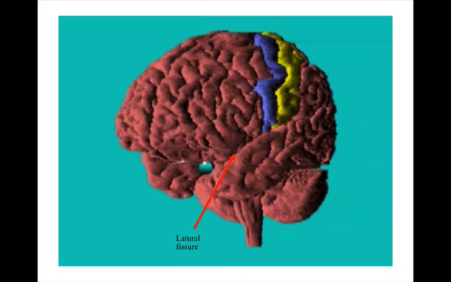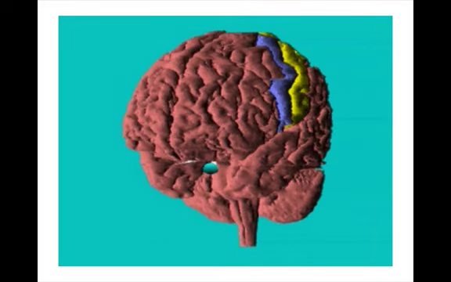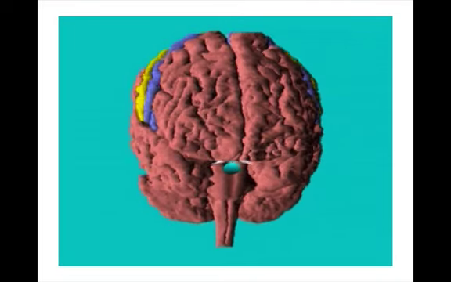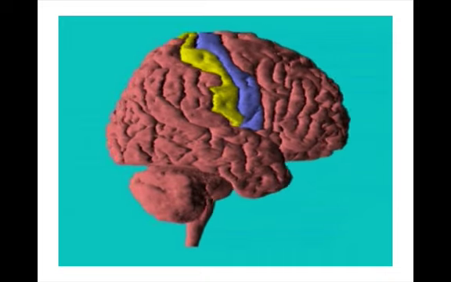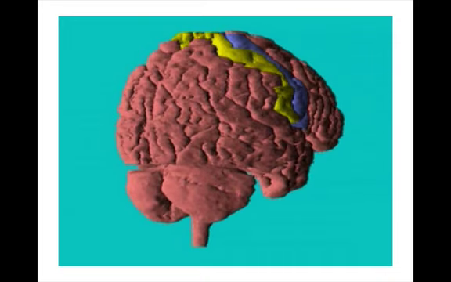Two other major features that appear in pretty much every human brain are the lateral fissure and, of course, the longitudinal fissure that separates the two hemispheres. Different areas of both the somatosensory and of the motor cortex map with different parts of the body.